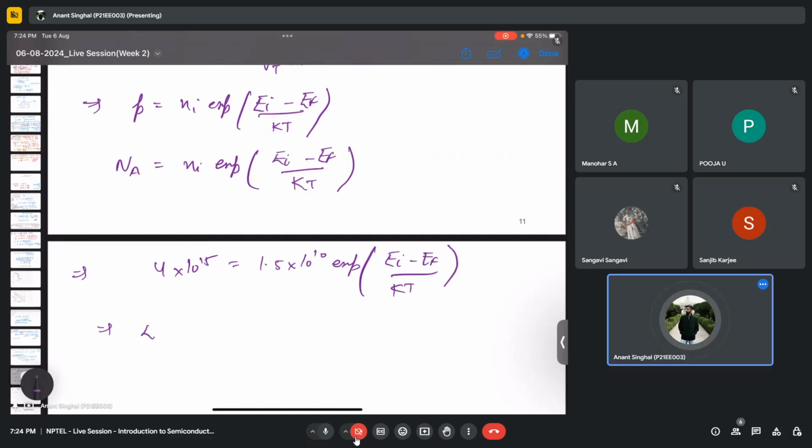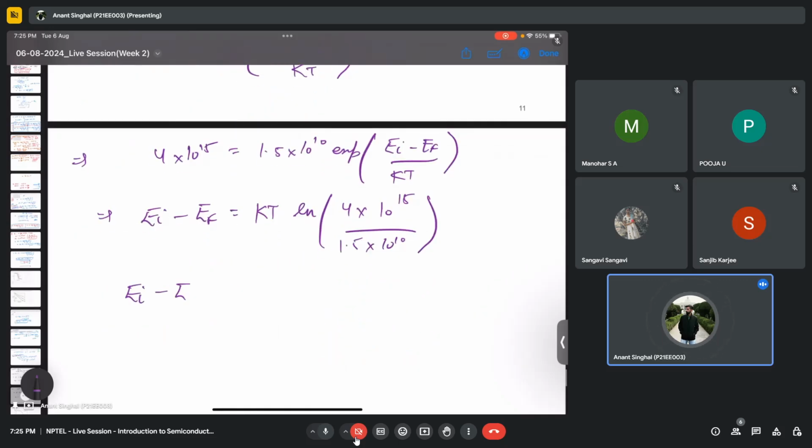So this will be Kt ln of 10 raised to power 15 divided by 1.5 times 10 raised to power 10.